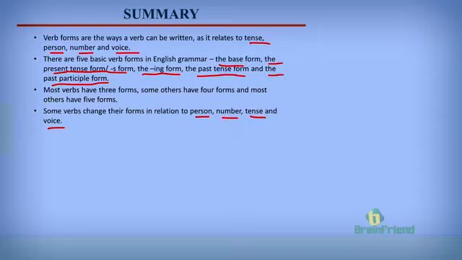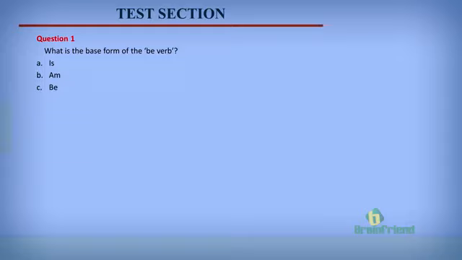Now let's go to our test section. Question 1. What is the base form of the be verb? A, is, B, am, or C, be? The correct answer is C, be.